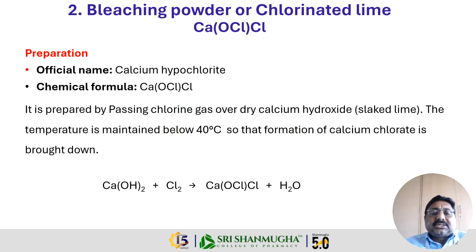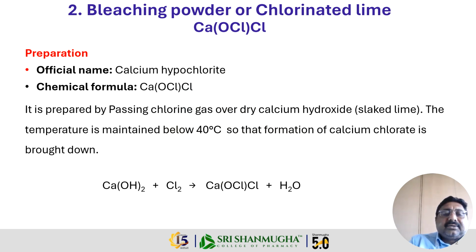It is prepared by passing chlorine gas over dry calcium hydroxide, which is always called slaked lime. You pass chlorine gas over slaked lime, and the temperature should be maintained below 40 degrees, so that the formation of calcium chlorate is brought down.